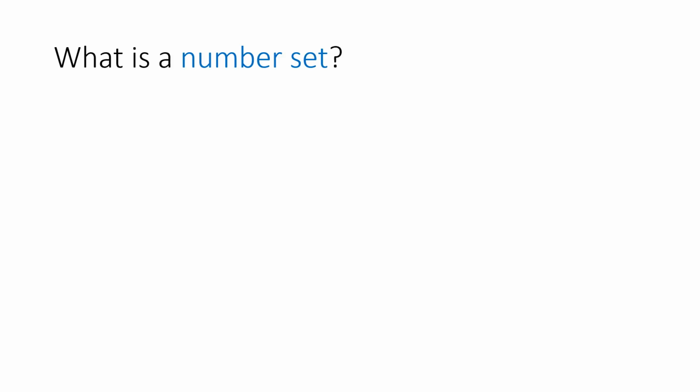Since we're talking about set notation and interval notation, it's good to have a better understanding of what a number set actually is. So, a set is a collection of items called elements.